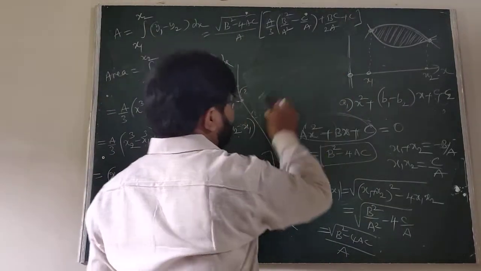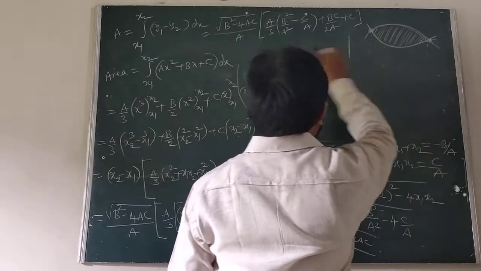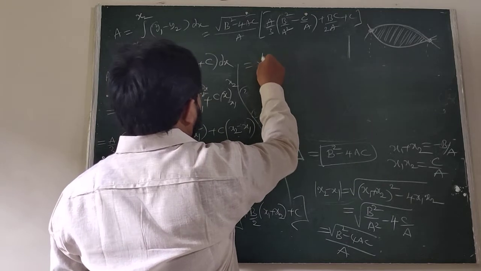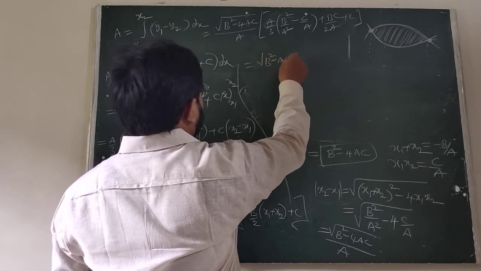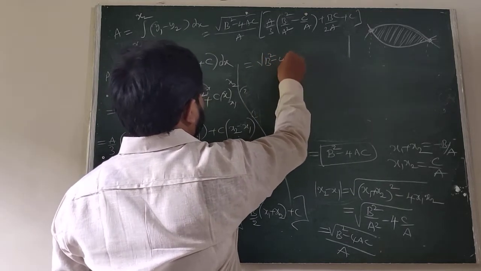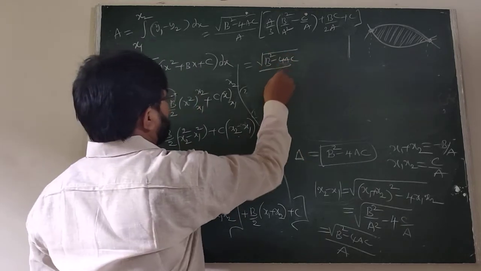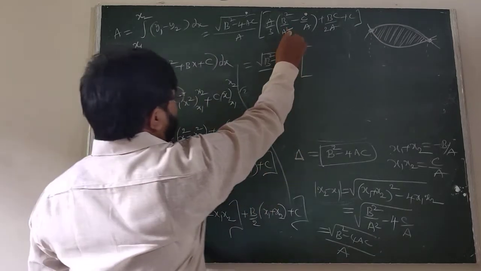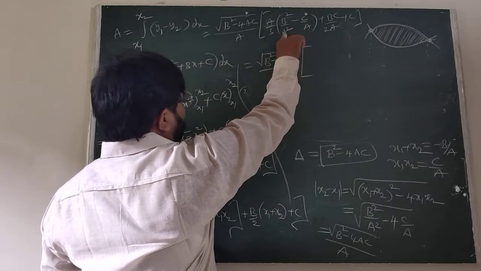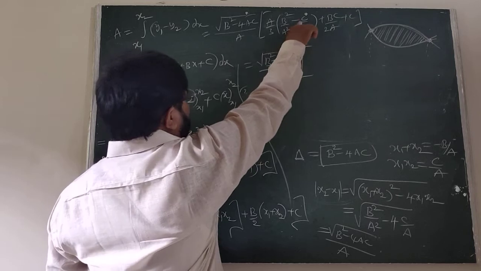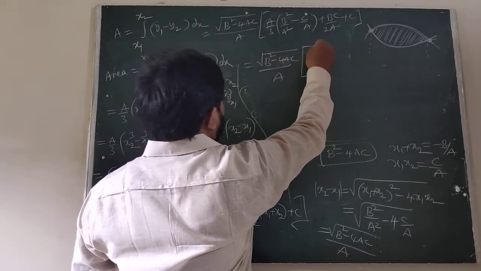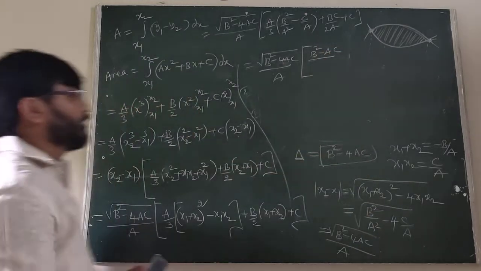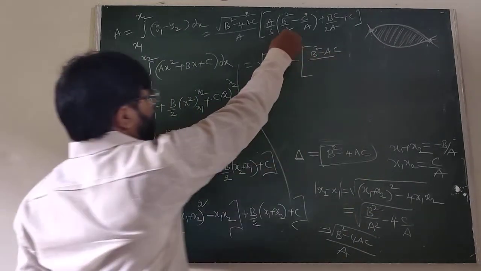Here we can write, one minute. All of you listen here how to write this one. The area equals the square root of b² minus 4ac, by a. Now we are taking the LCM, a². When taking the LCM, a times b² minus ac, over a², the LCM.